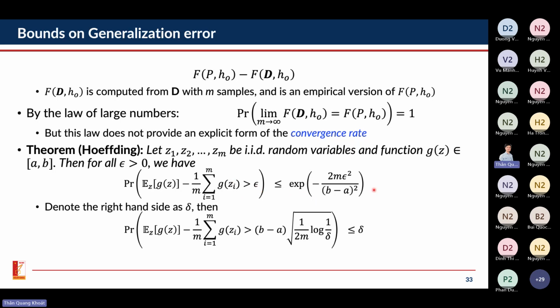Let's denote the right-hand side to be delta. Then from this quantity, we can write something: 2n epsilon squared over something.